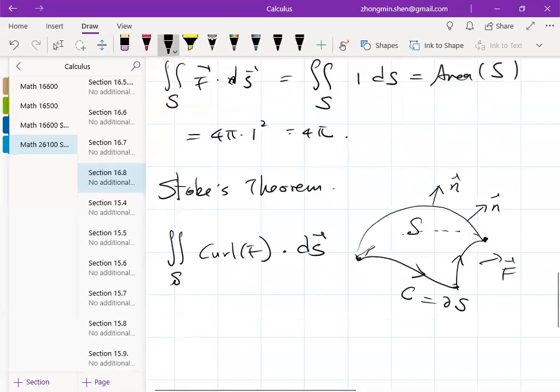If I evaluate this surface integral of the vector field over the surface, then this can be changed to the line integral of F dot dr.